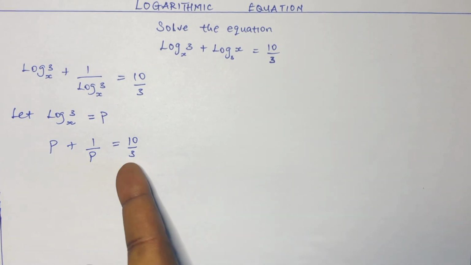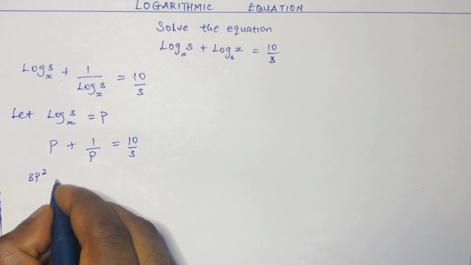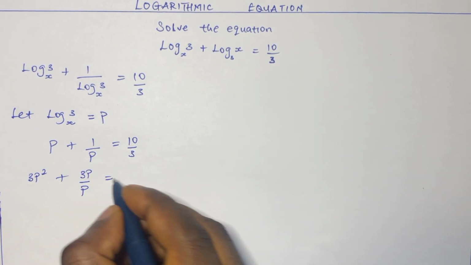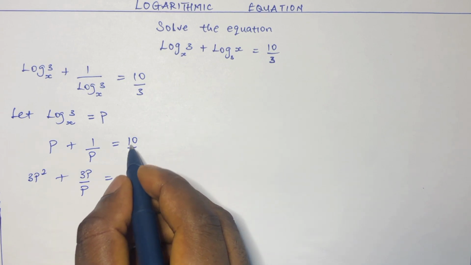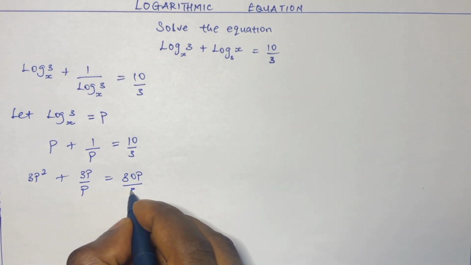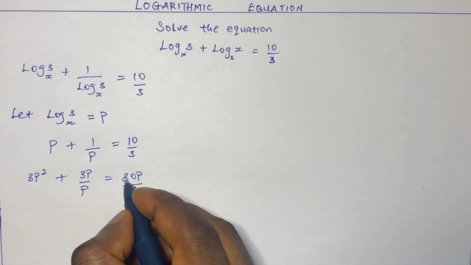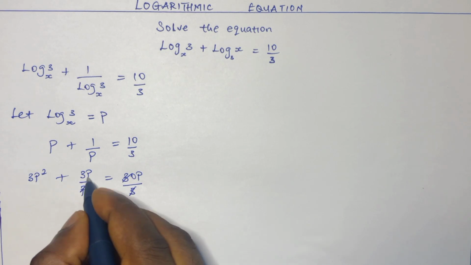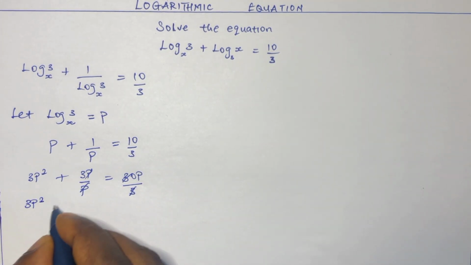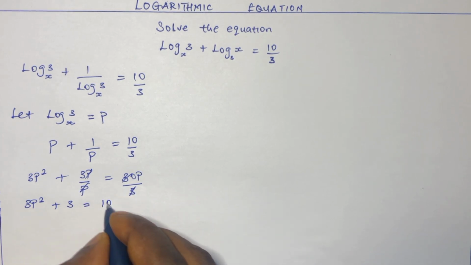So if we multiply both sides by 3p, we have 3p squared plus 3p over p will be equal to, and when we multiply 10, we'll have 30p divided by 3. And then remember that 3 can go here. When 3 goes, we'll have 10, and then this and this can cancel out. So we are left with 3p squared plus 3 will be equal to 10p.